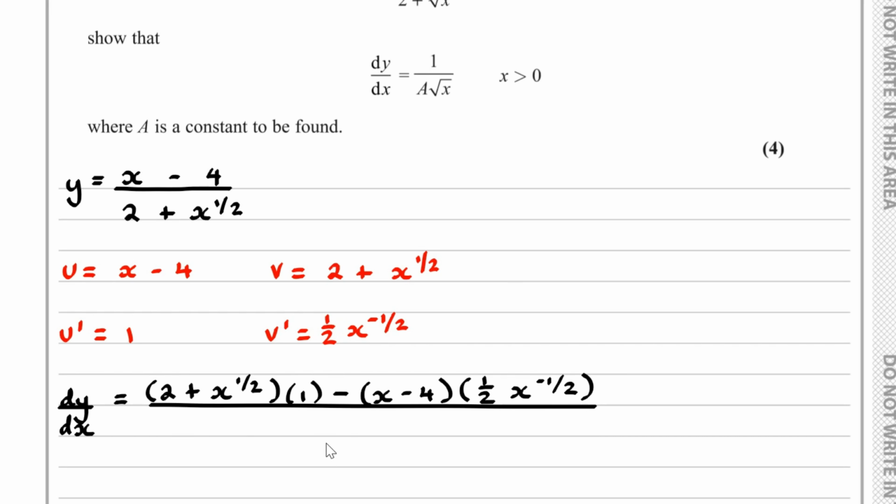So we will divide this by (2 plus x to the 1/2) squared.